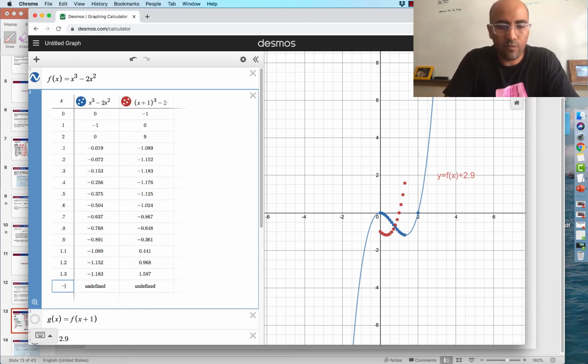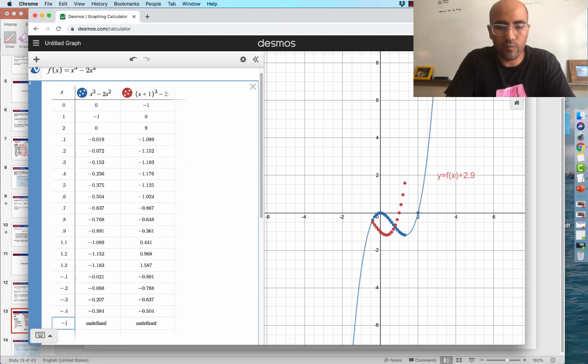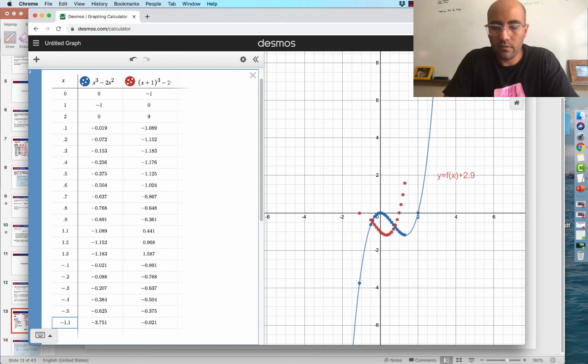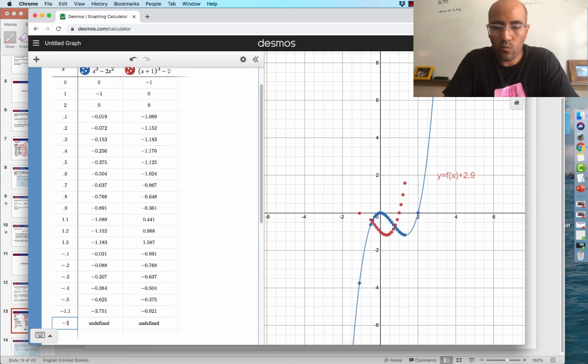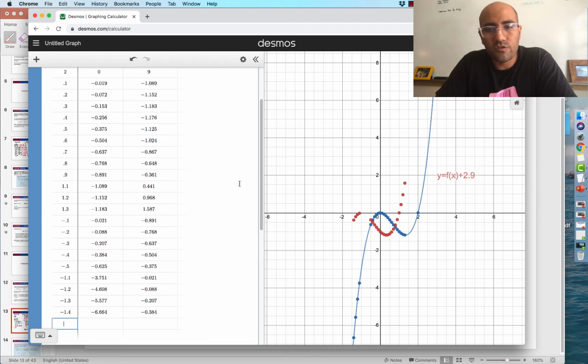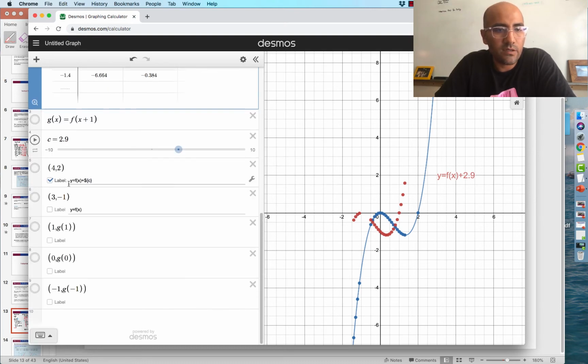How about negative 0.1, negative 0.2, negative 0.3, negative 0.4, negative 0.5, negative 1.1, negative 1.2, negative 1.3, negative 1.4. Okay, and so on and so forth. So we start to see what happens to the graph after we continue to pump in lots and lots and lots of points. Eventually, we start to see that it begins to look like this.